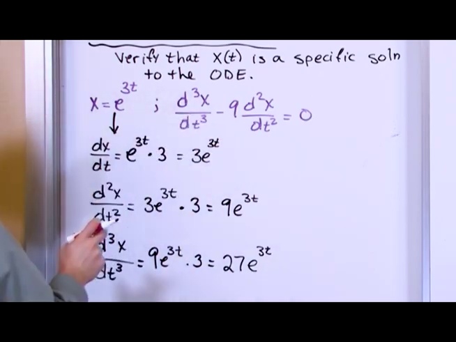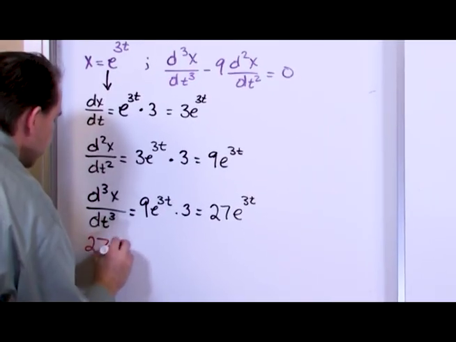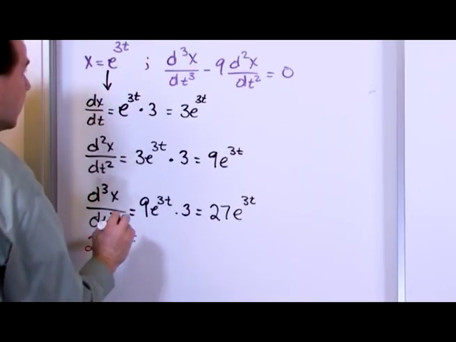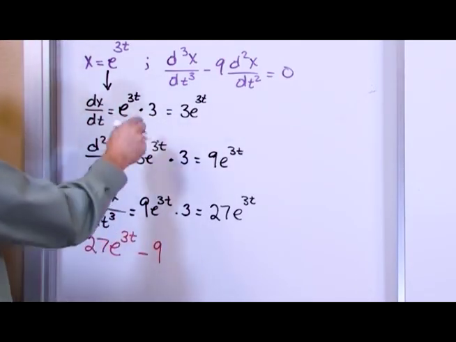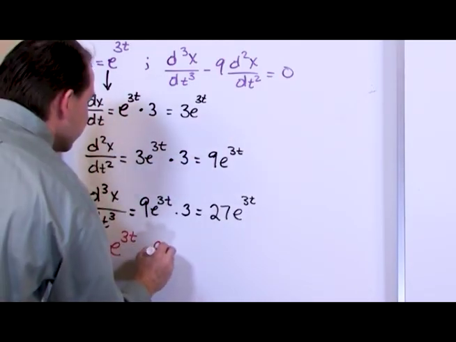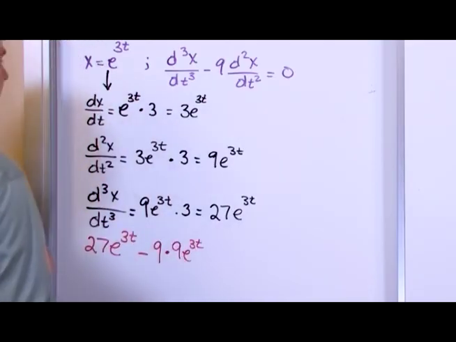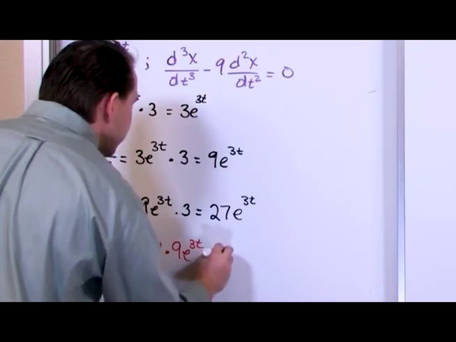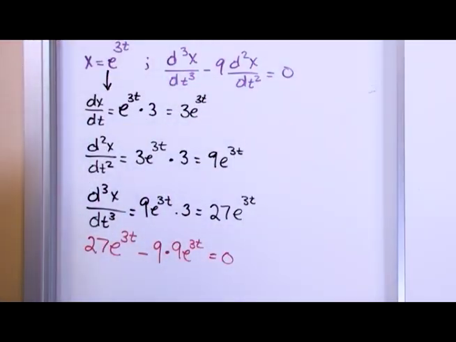Third derivative with respect to time is this. So we have 27e to the 3t minus 9 from our equation times the second derivative, which is given by this, which is 9e to the 3t. And the question is, is that equal to 0? Because when I put them in there, whatever I get, I should get an answer of 0 if that is really a solution.